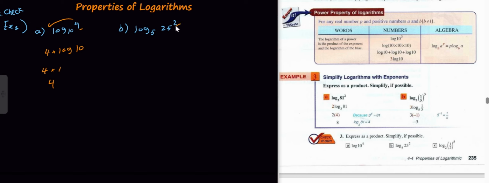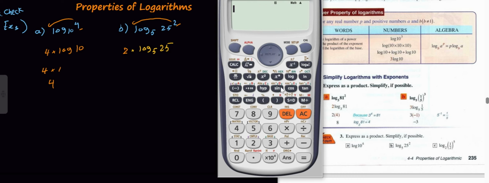Repeat the steps. Move 2 in front of the log. It will be 2 multiplied by log 5 of 25. As I mentioned before, we have to solve this one individually.